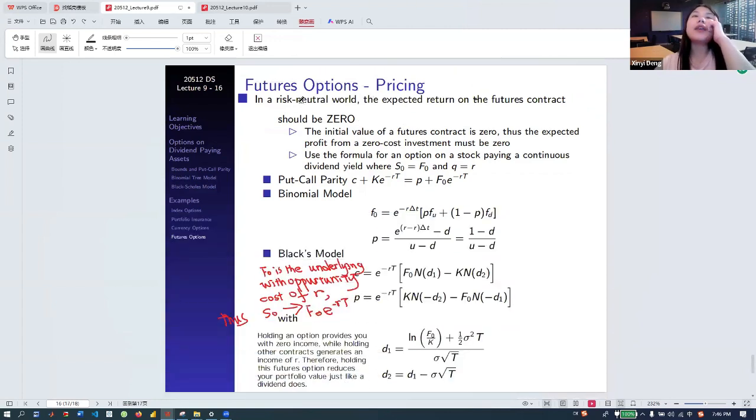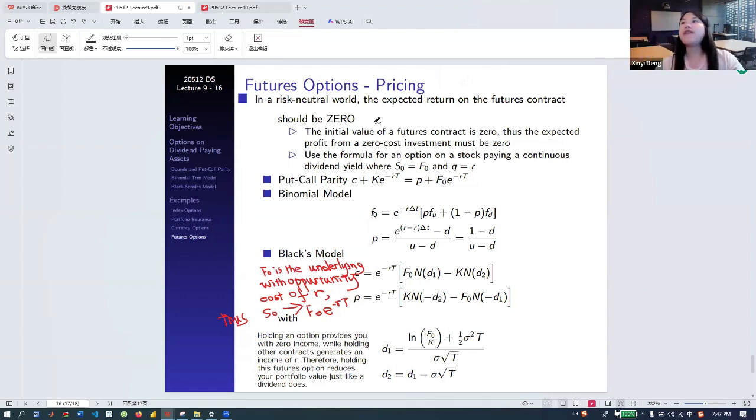So the underlying asset actually has some opportunity cost. The intuition is that in a risk neutral world, all the other assets have expected returns of R, right? But if you think about a futures contract, since its initial value is 0, you basically have zero investment, and the return on the zero investment should be 0 as well in that risk neutral world.